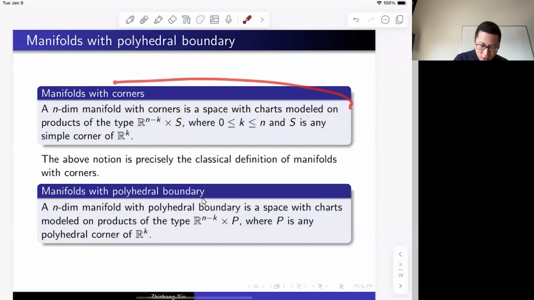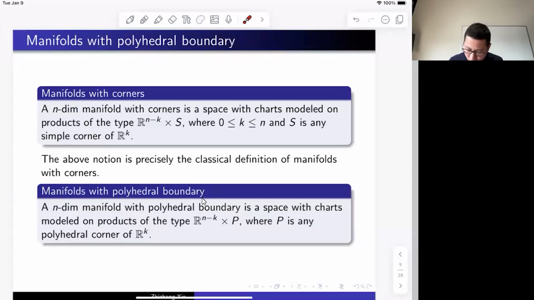This is what people usually mean in the classical definition of manifolds with corners: the corner structure is always a simple corner. For more general corner structures, let's use the terminology manifold with polyhedral boundary, which means the chart structure is based on R^(n-k) cross P, where P is a general polyhedral corner. Okay, that's the distinction. So far, so good. Any questions about the terminology?